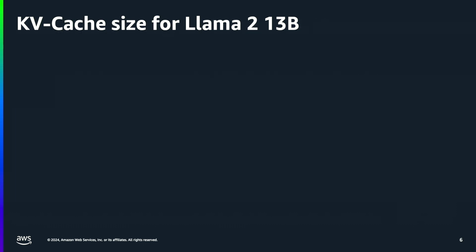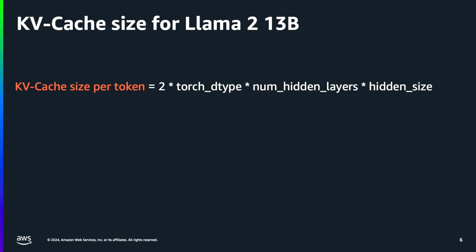Let's dive in. So the KV cache, here's the formula for calculating the KV cache in order to calculate the total runtime to run the inference. The KV cache is first counted on a per token basis, and it's basically 2 times the data type, which in this case we are using 2 bytes or an FP16 data type, times the number of hidden layers for that model, times the hidden size.